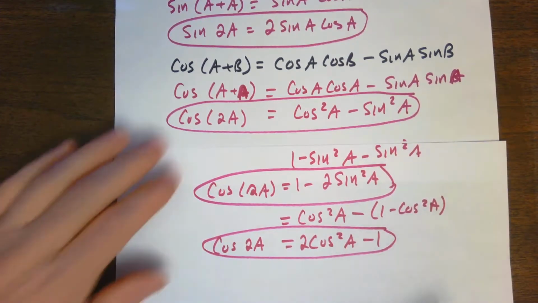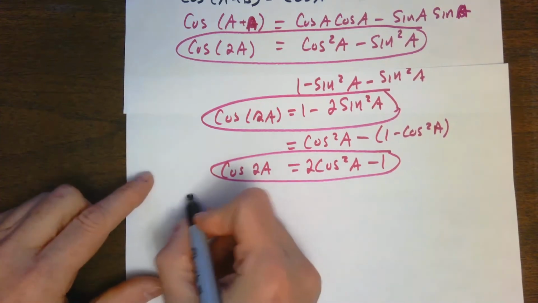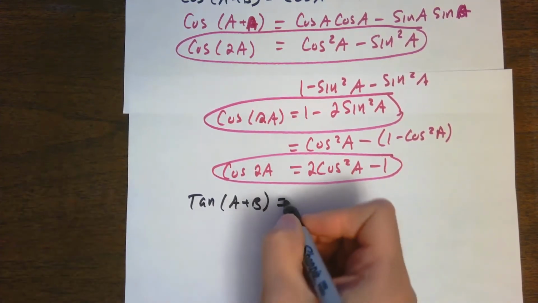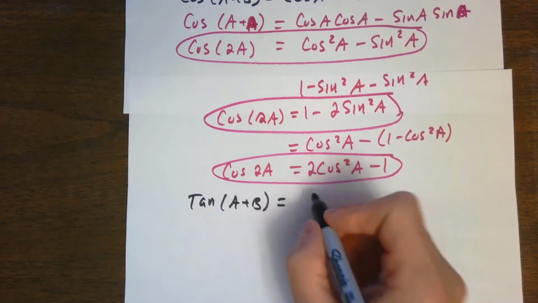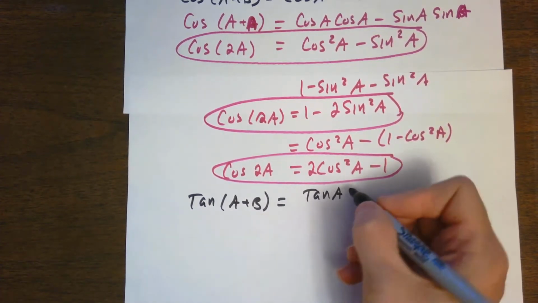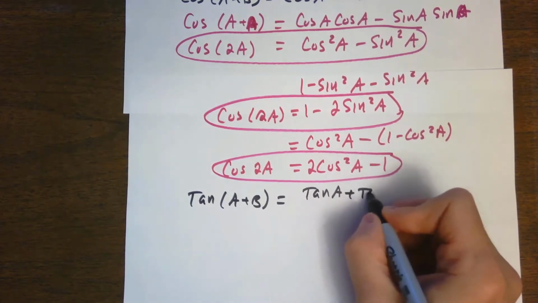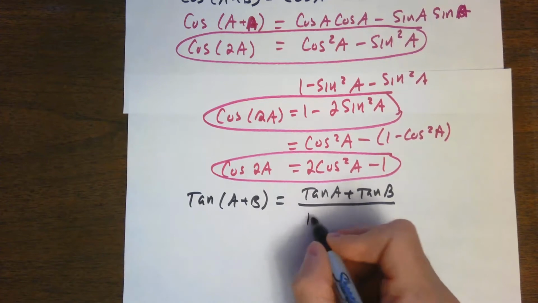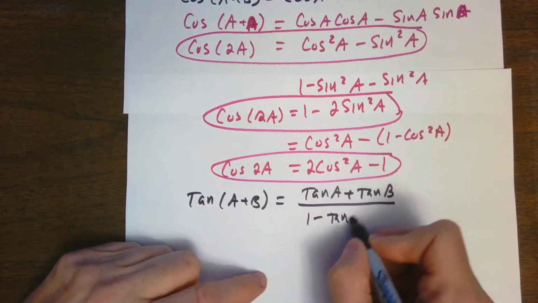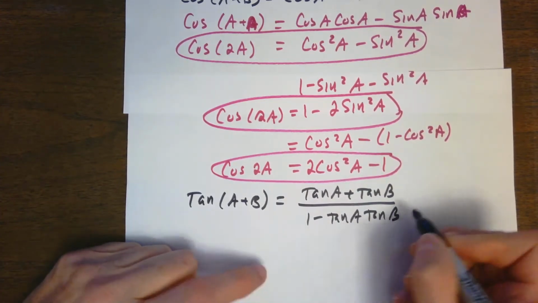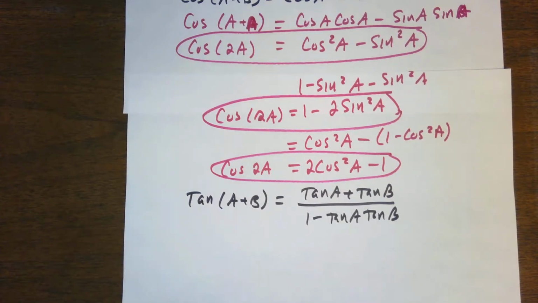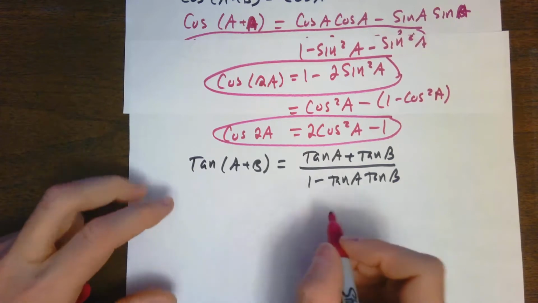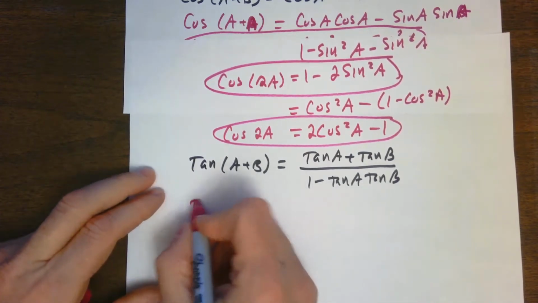Now what about tangent? Well, we know that the tangent of A plus B is tangent A plus tangent B all over 1 minus tangent A tangent B. So let's do our substitution now. I think this is one of the exercises. I don't think the textbook gives you this one. I think it asks you to prove this one.